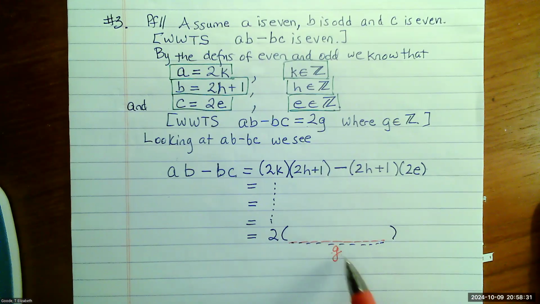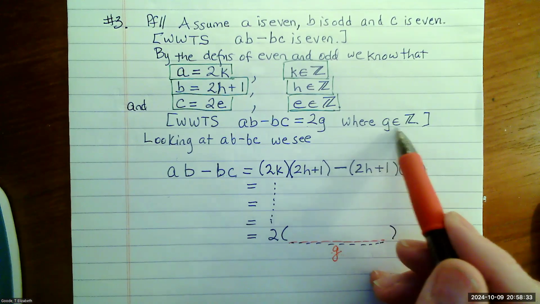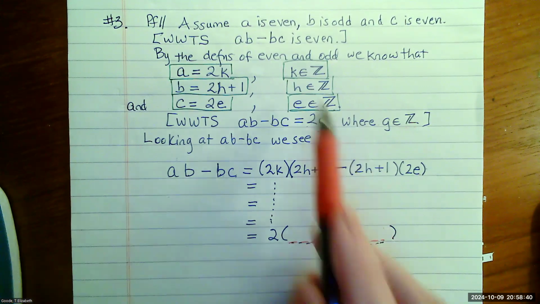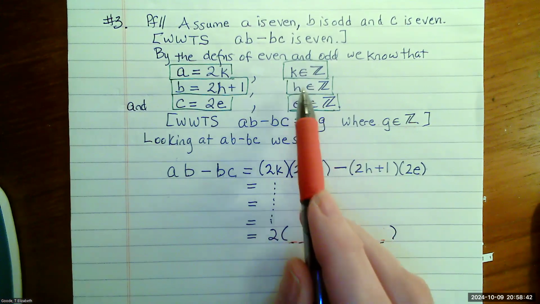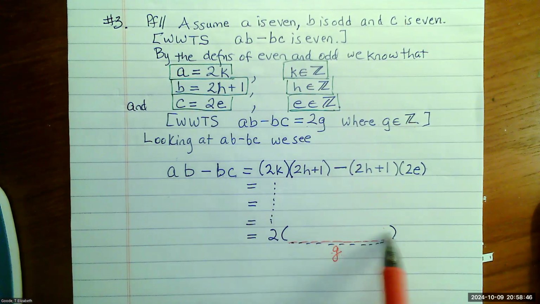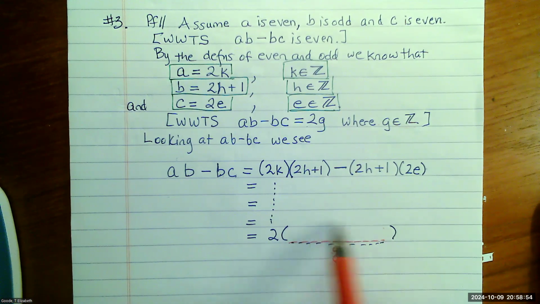And then we have to talk about why G is an integer. What builds G will be an expression with K in it and H in it and E in it, and maybe some numbers and some pluses and minuses and things getting multiplied or subtracted or added.